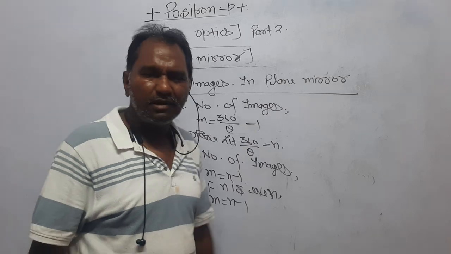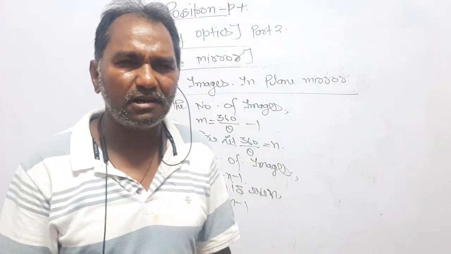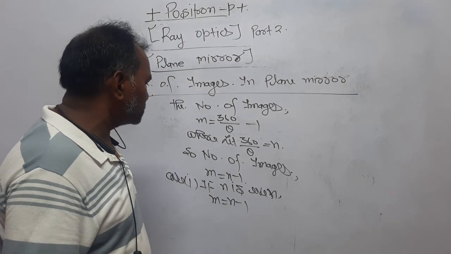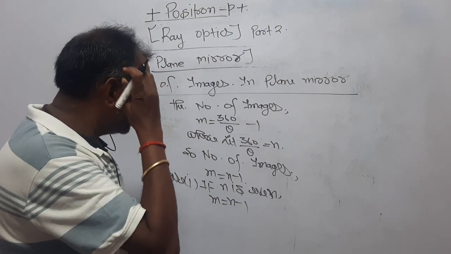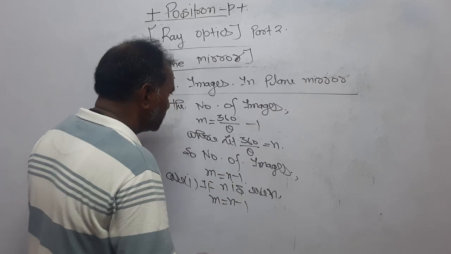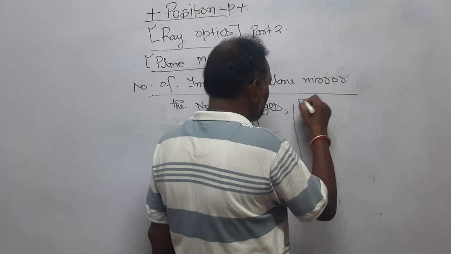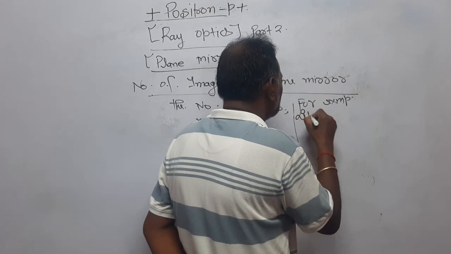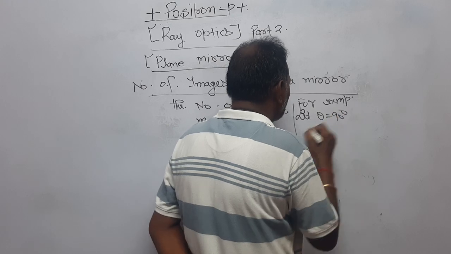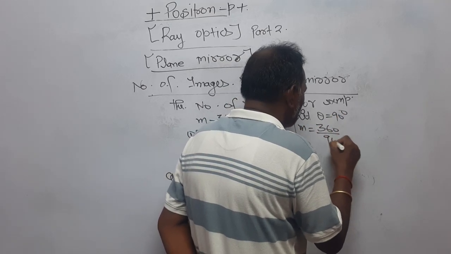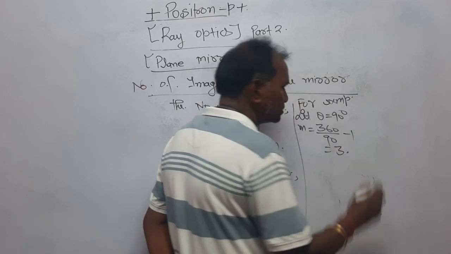Where theta is the angle of inclination, or the angle between the two plane mirrors. If n is even, then m is equal to n minus 1. For example, let theta equal 90 degrees. Then the number of images m is equal to 360 over 90 minus 1, that is 4 minus 1 equals 3.